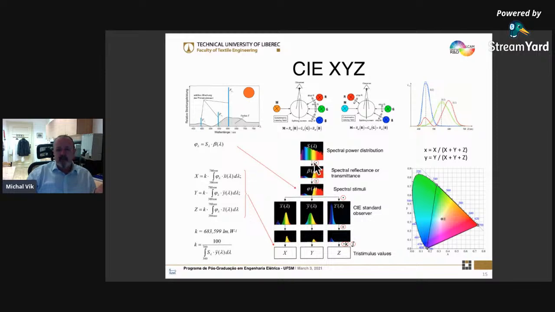How? You can see here the spectral power distribution of the light source, as we mentioned before. Then we have the spectral reflectance or transmittance of our object, because light can be reflected or can go through the object via transmission. Together, these two spectral distributions create the spectral stimulus. That means the light which is coming to my eyes.